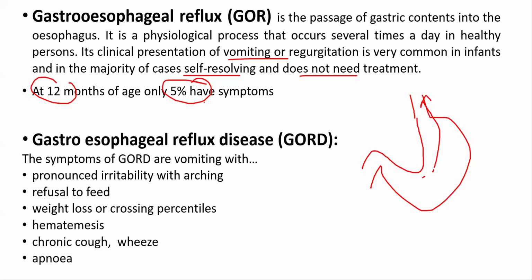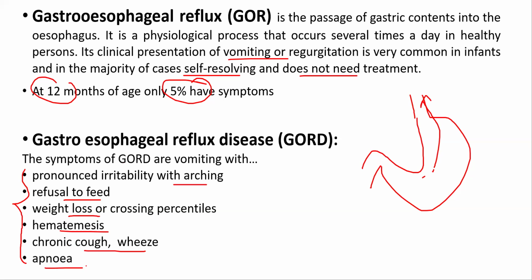But what is concerning is if, with gastroesophageal reflux, children have these symptoms. So if a child with reflux, that means vomiting after feeding, has pronounced irritability with arcing of their back, refusal to feed, loss of weight, hematemesis, chronic cough, wheezing, and apneic episodes.